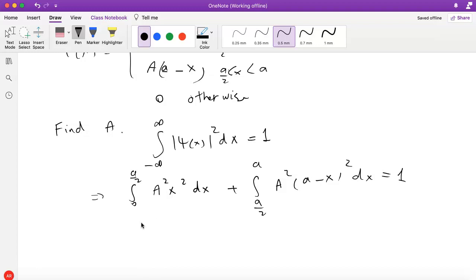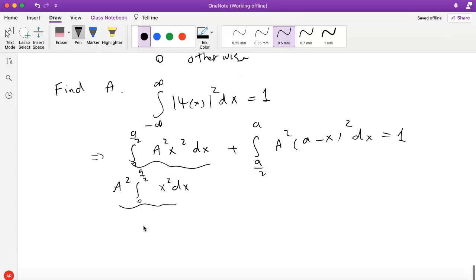So I believe this becomes A squared times the integral from 0 to a over 2 of x squared dx, just this term, which is x cubed over 3.